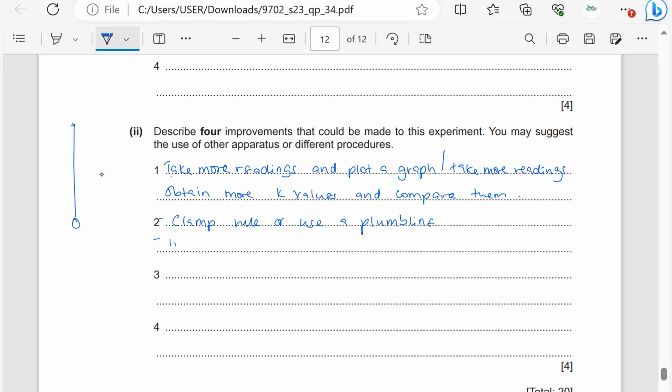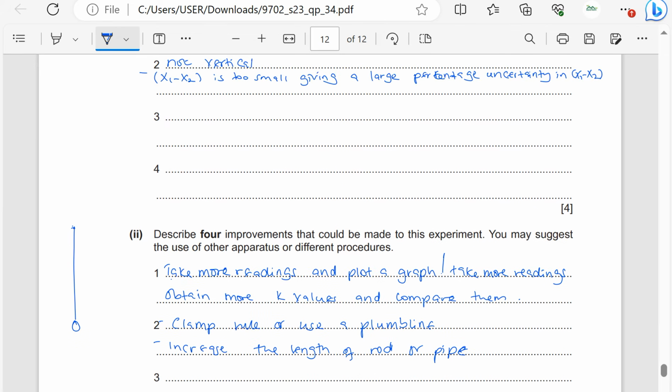So you could increase the length of the rod. Alternatively, we could just make the pipes longer, or increase the length of the rod or the pipe. If the pipe is longer, we expect at least a bigger increase in length, so that the difference in x1 and x2 could be bigger.